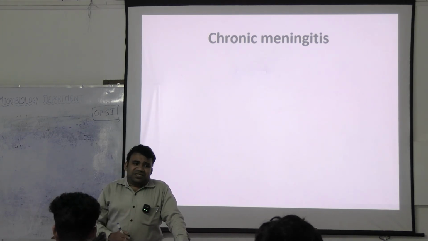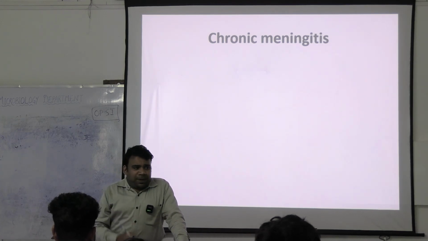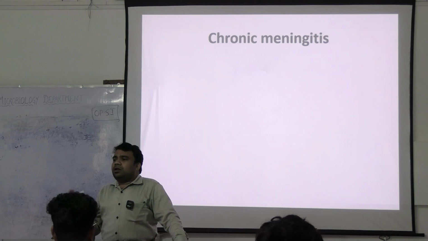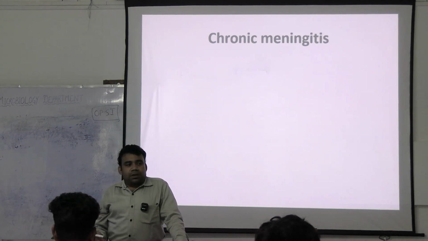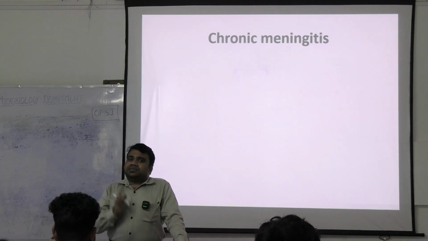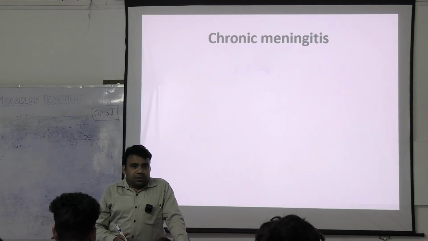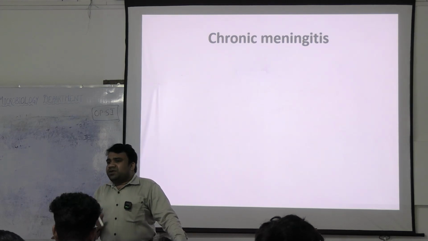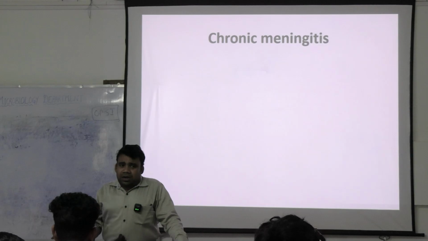We can also classify meningitis based on the etiology: bacterial, fungal, tuberculous, viral or parasitic meningitis. Again, meningitis can be classified based on the age of the patient who is affected, whether from 0 to 1 year, preschool or childhood, adulthood, or in the elderly.